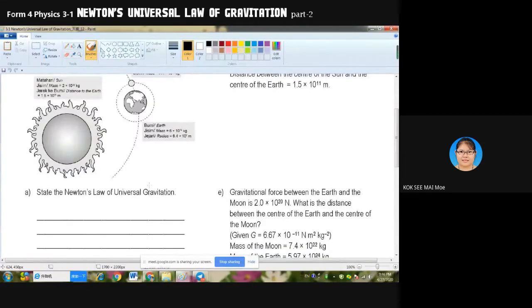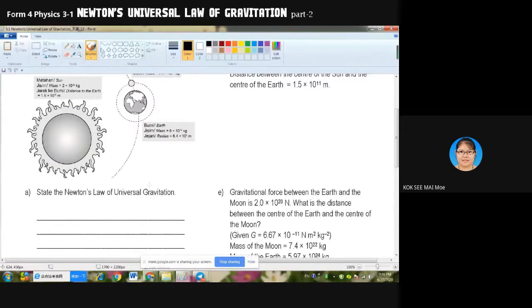Okay, first one, state the Newton's law of universal gravitation. Okay, where to find the answer? Find the answer from page number 2, above the formula.